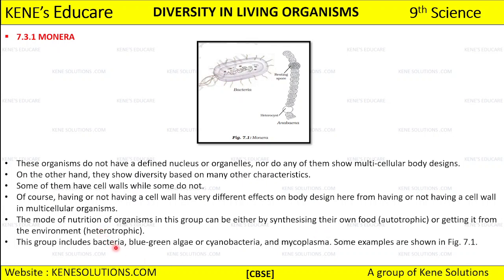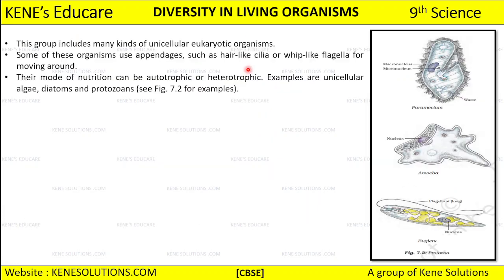Kingdom Monera includes bacteria, blue-green algae, which we also call cyanobacteria, and mycoplasma. The examples are shown in figure 7.1, where they have shown Anabaena and bacteria. So these are examples of Monera.